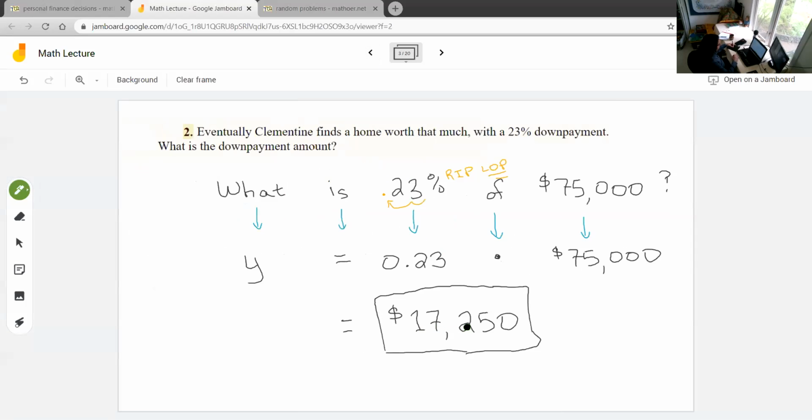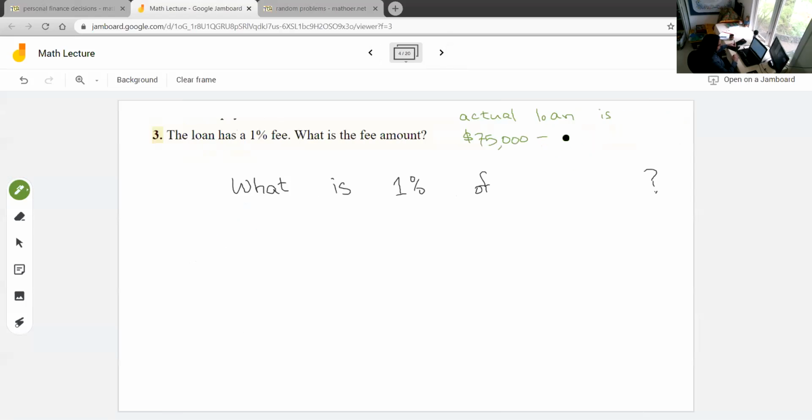So we're going to take away the 17,250. So 57,750.